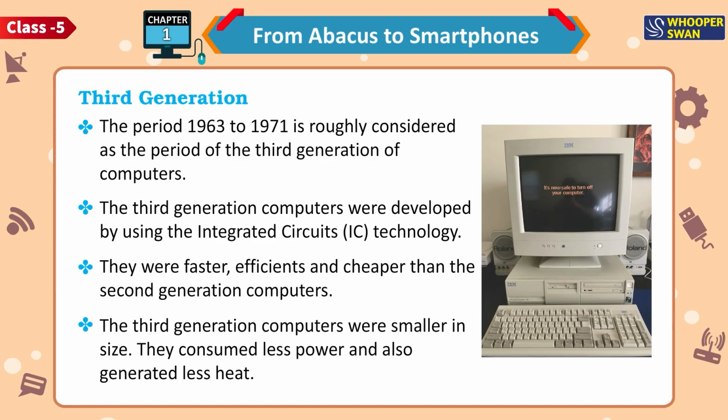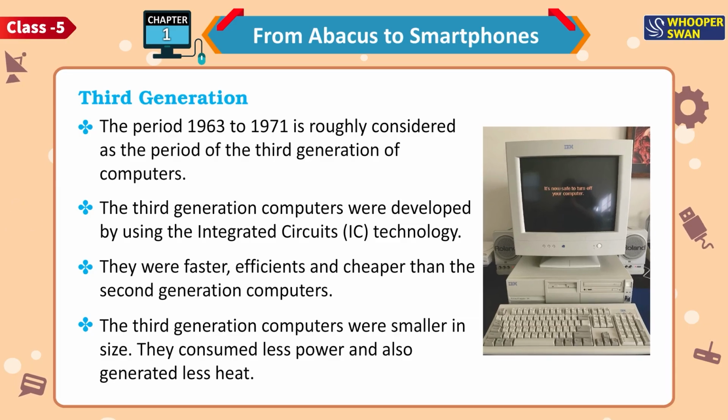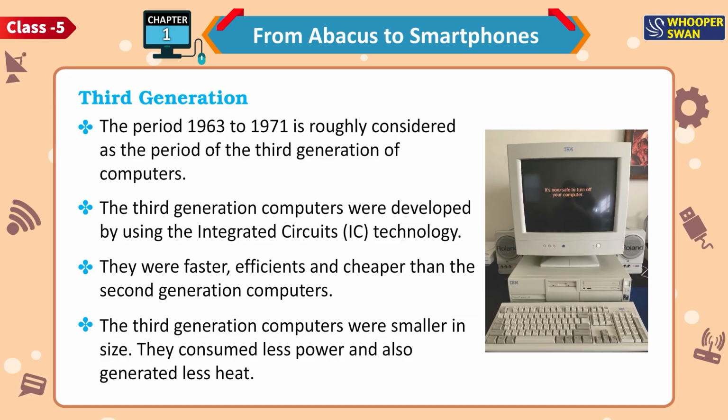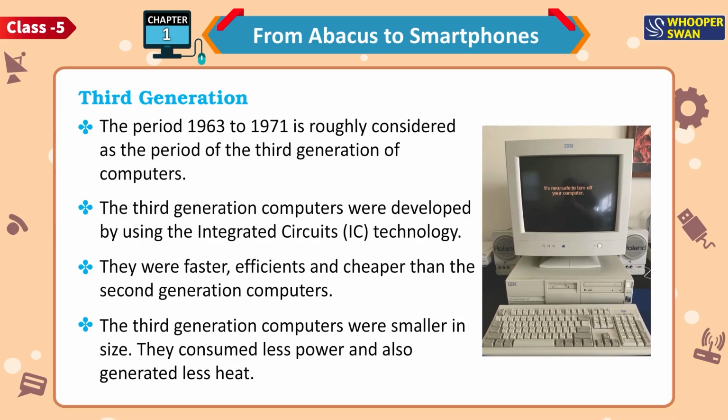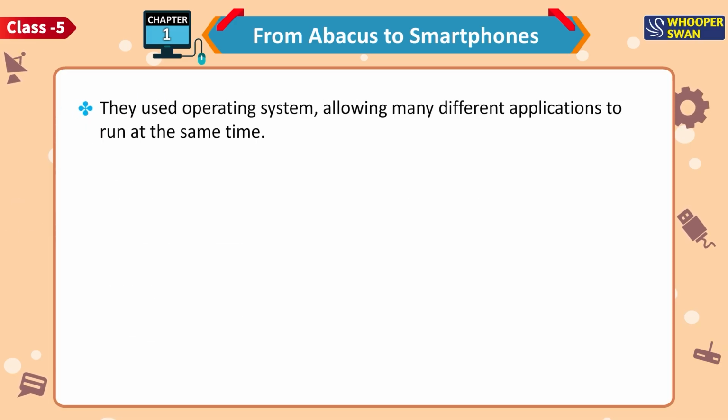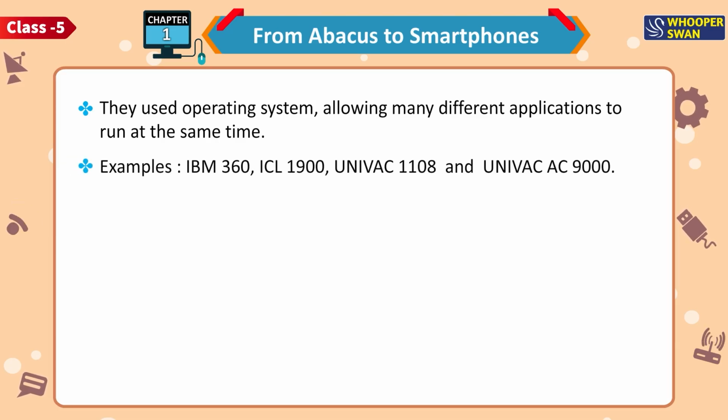They were smaller in size. They consumed less power and also generated less heat. They used operating systems, allowing many different applications to run at the same time. Examples: IBM 360, ICL 1900, UNIVAC 1108 and UNIVAC AC 9000.